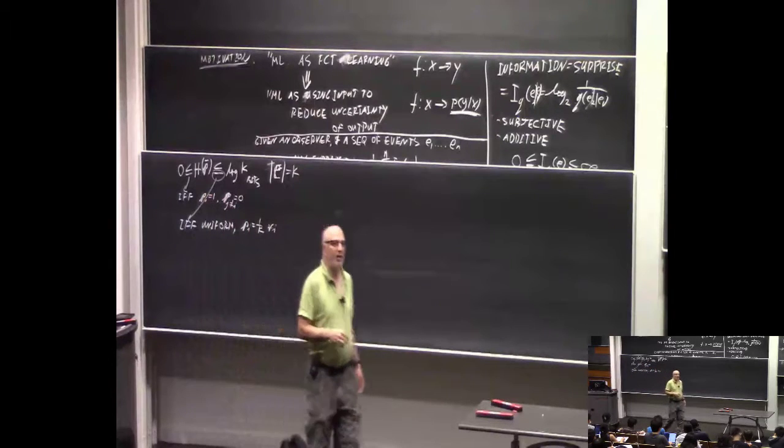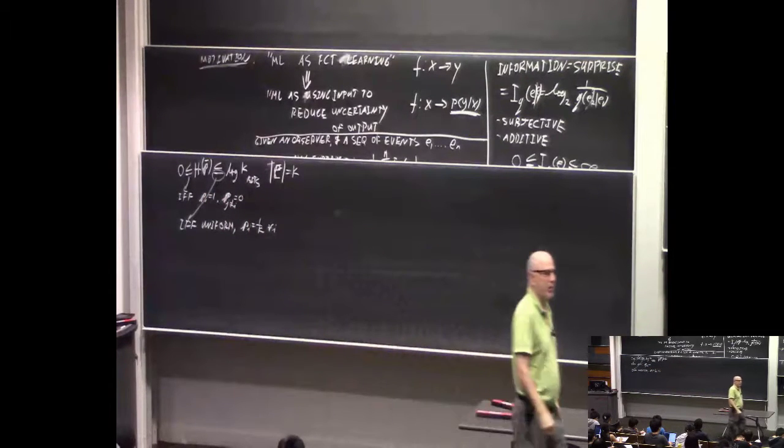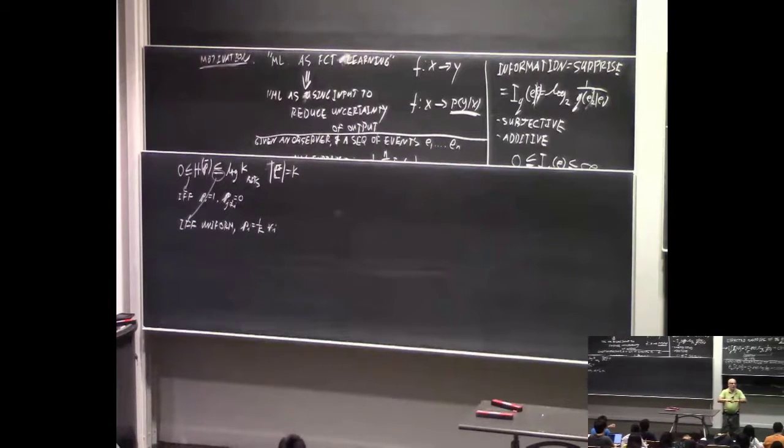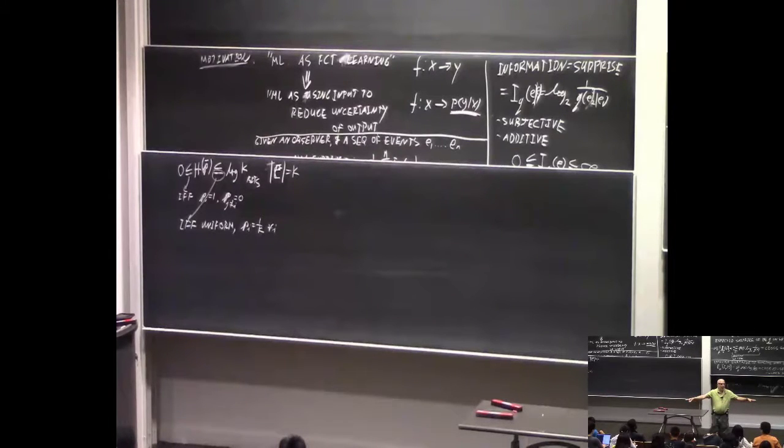So for finite outcome spaces or event spaces, the highest entropy is achieved when the distribution is uniform. In that case, it's 1 over k for each outcome, and then no matter what happens, log of 1 over k is log of k, therefore the expectation of that is also log of k.